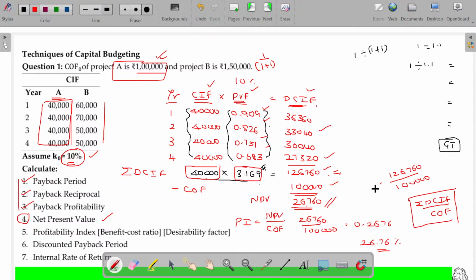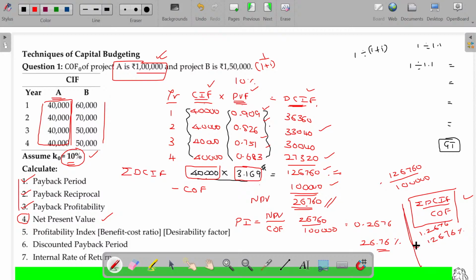So you have invested 1 lakh rupees, but you got around 1,26,760. Naturally, you get 126.76 percent or 1.2676. Remember, when I use the second model, the PI will always be greater than 1. Then only it is acceptable. In case of the NPV model based PI, it should always be positive, not negative.